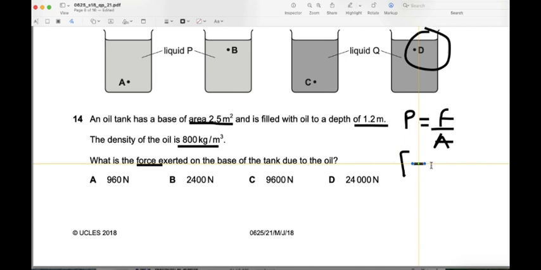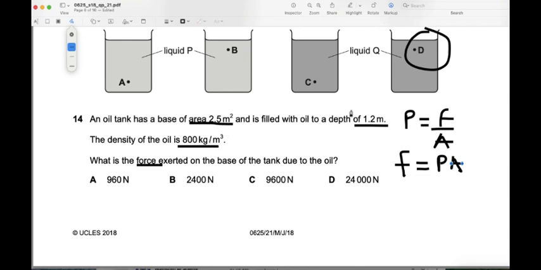Force equals pressure times area, PA. Remember, the question has given us the area. The only thing we need to calculate is the pressure. Once we know the pressure, the area has been given to us.